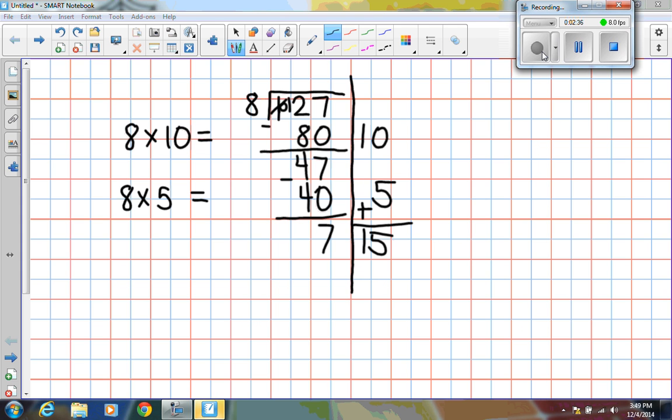And then I have this remainder of 7, so I would mark it as 15 remainder 7. And then I would take this answer and write it on top of my division problem where your answer would go. That is the one example of partial quotient.